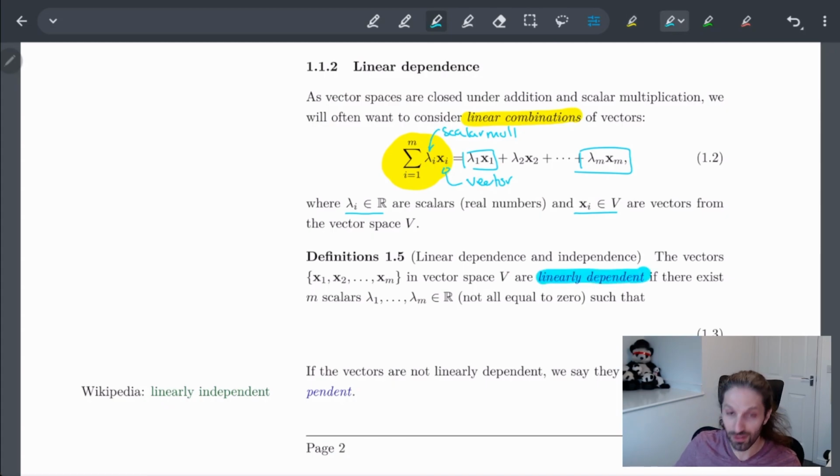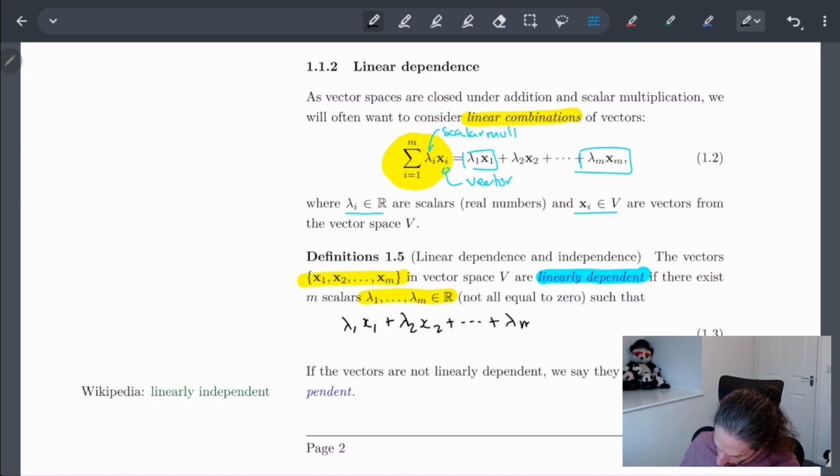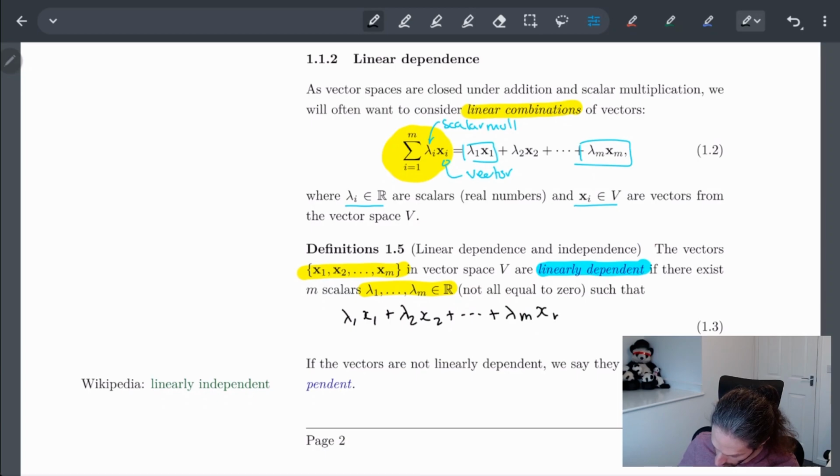We start off with some vectors x1 to xm. They're linearly dependent on one another if there exist scalars lambda 1 up to lambda m, not all zero, such that lambda 1 x1 plus lambda 2 x2, all the way up to lambda m xm, is equal to the zero vector.